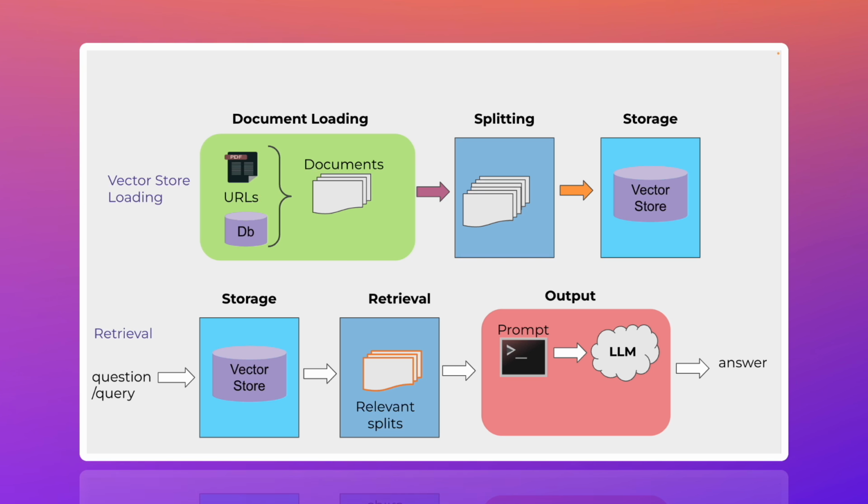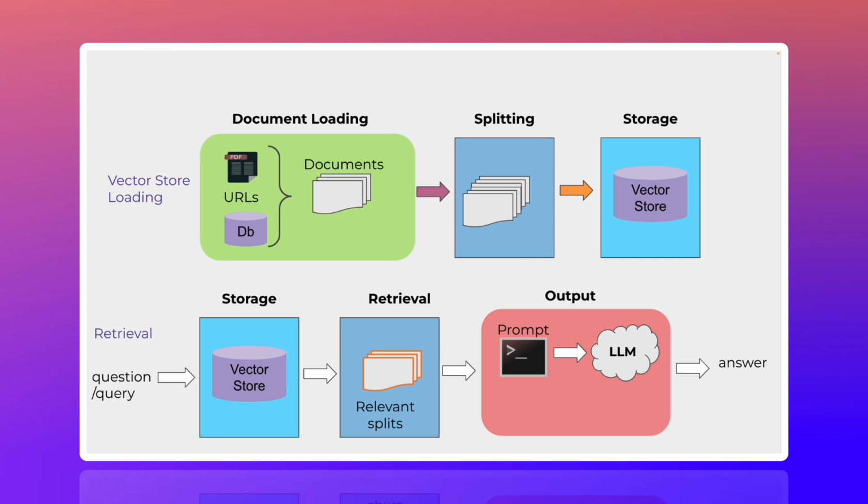And then it goes through the process of splitting those documents, as we saw. Once this is split, of course, it goes through the process of embeddings and everything, and that is put into storage. This is a vector space, or vector store. But it has to have some retrieval, as we saw, because this is the way of getting information related to the question, the query that comes in.